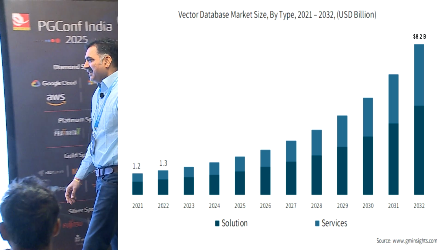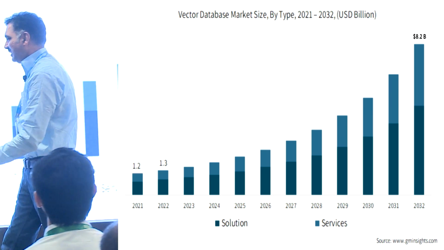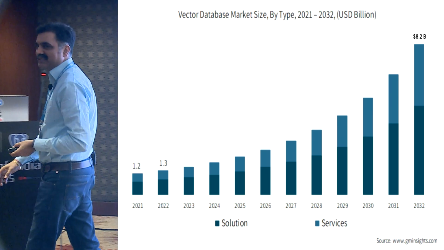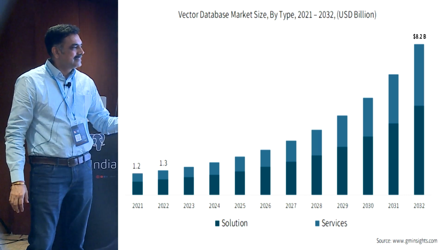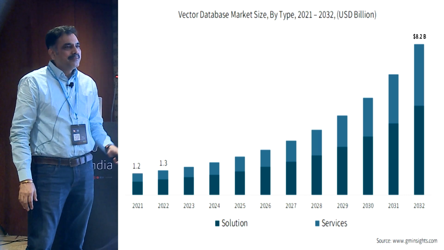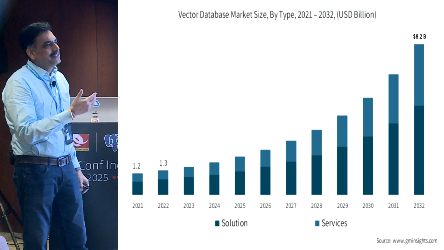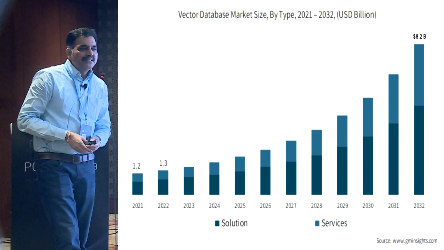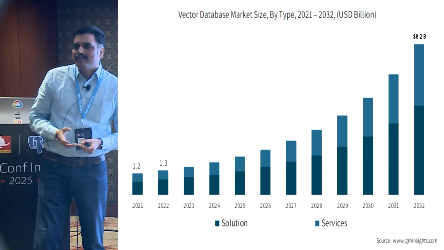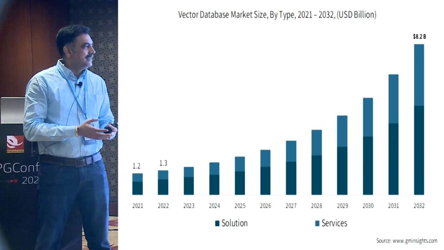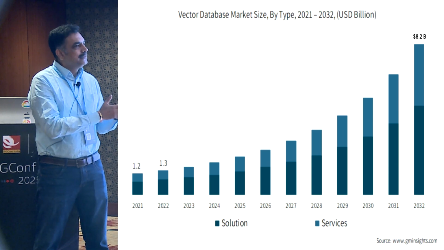So why is this important for all of us to understand, the vector market? This is a study done a few years back, but you can see that after the GenAI revolution, whatever different LLM models got launched, be it Perplexity, DeepSeek, Gemini, ChatGPT, it is growing exponentially.